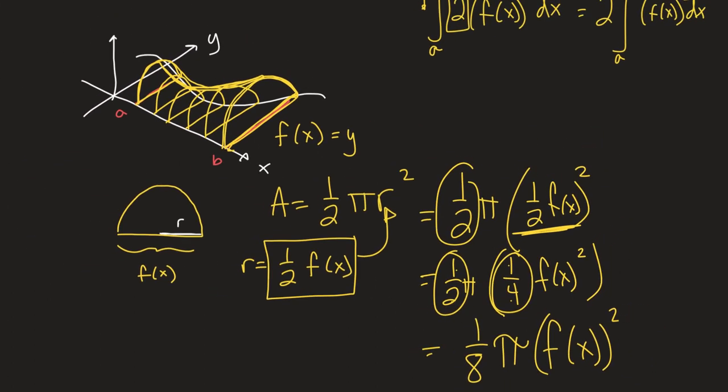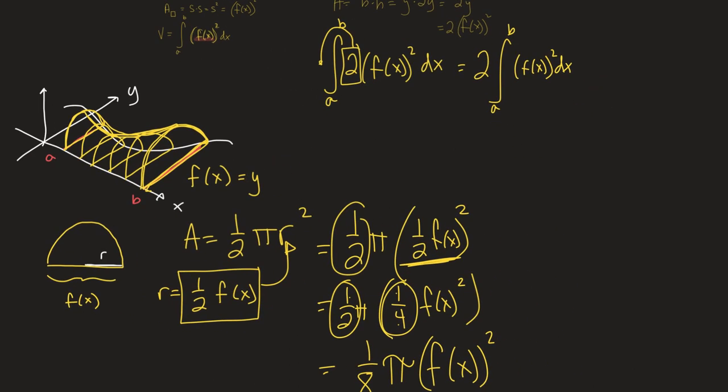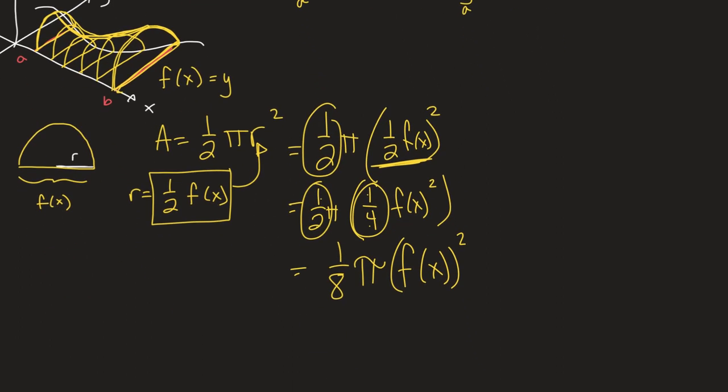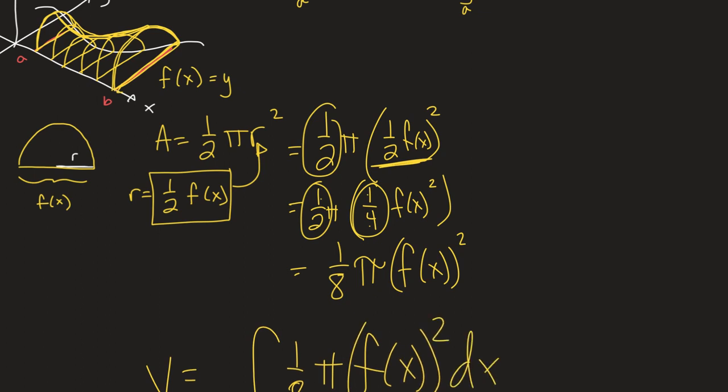So notice what all of these functions have in common. They all have an x squared term, and they all have the squaring of the function. Every time we find an area, you would expect to have something being squared, because area is a squared unit. So if I'm finding the volume, that's 1/8 of pi times the function squared dx.